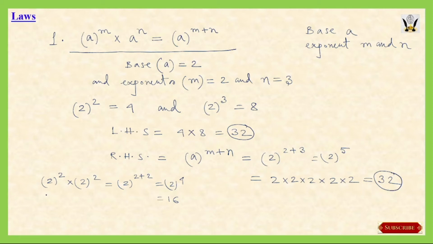And separately, on the left hand side it will be 4 times 4, which is 16 also. So it's not mandatory that m and n always have to be different. This is applicable for the same exponents as well, but mostly it will be applied when m and n have different values. Now we will move on to the next law.